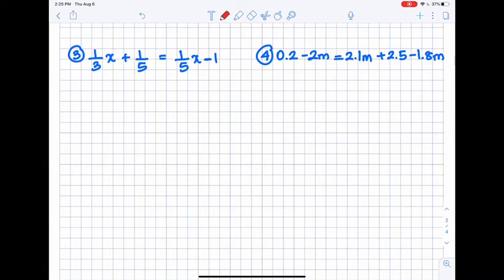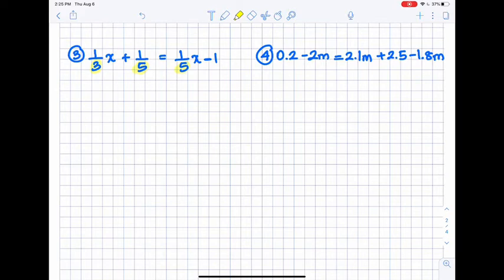To solve question number 3, we need to clear the fractions. So we're going to start by finding the least common denominator of the fractions. So I see 3, 5, and 5. The least common denominator of these fractions would be 15.